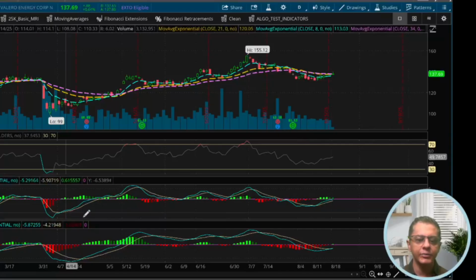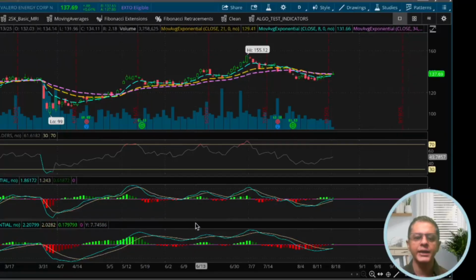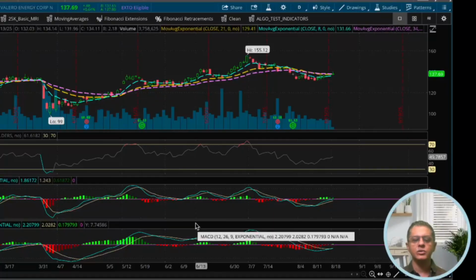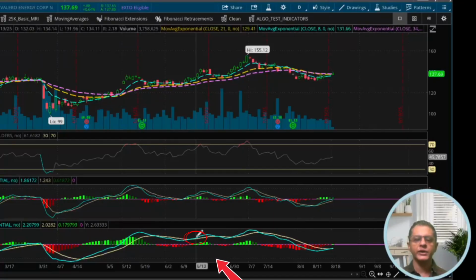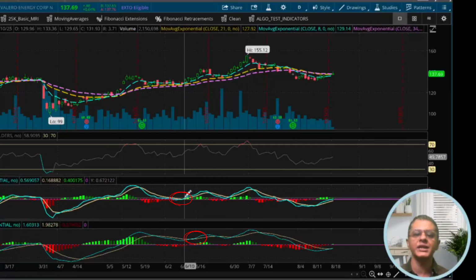Let's take an example. Same example here, on 6/13, the slow MACD told you there is a bullish crossover happening, time to get in. But if you are using the fast MACD, it actually caught that move right here, which was 6/10. So it caught that move 3 days earlier.